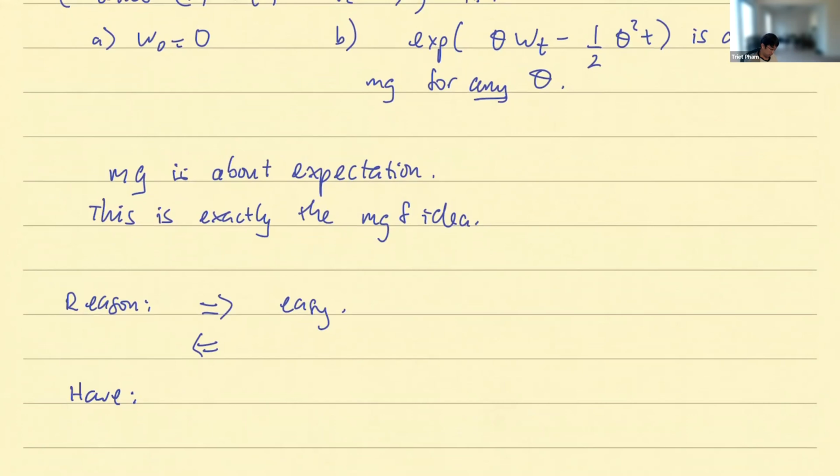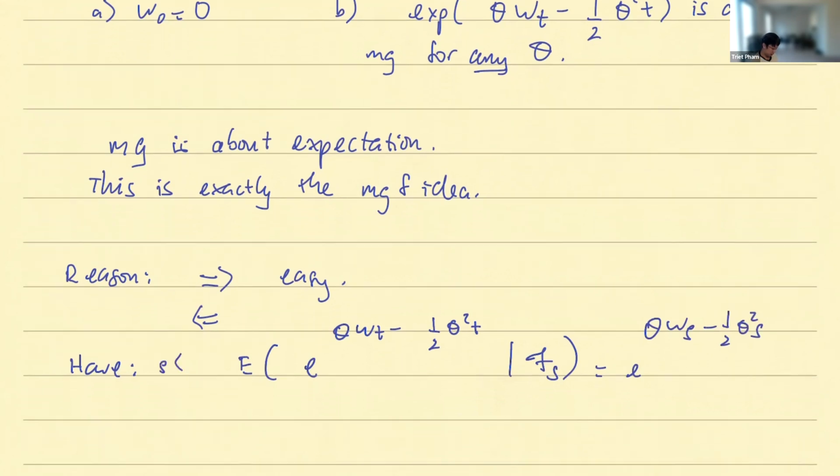Meaning that the expectation of e to the theta W_t minus 1/2 theta squared t, conditioned on F_s, will be e to the theta W_s minus 1/2 theta squared s. This is true for any s less than t. That's what we have. Now, what do we want to conclude?